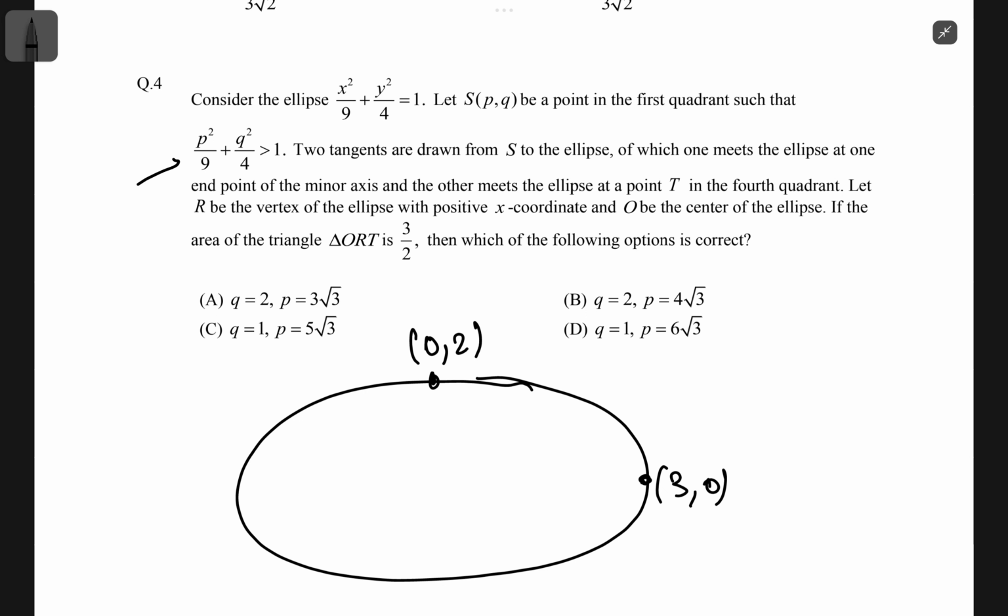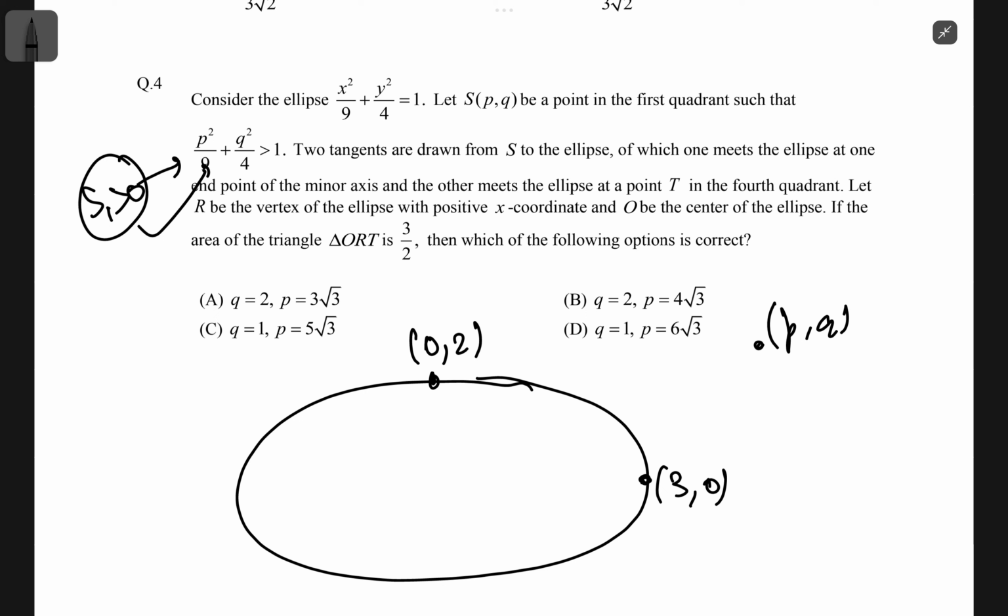This is what they have written here. So let's take this to be PQ. Two tangents are drawn from S to the ellipse, of which one meets the ellipse at one end of the minor axis. So this is the minor axis. It can't meet this end because that would make a chord through the ellipse.